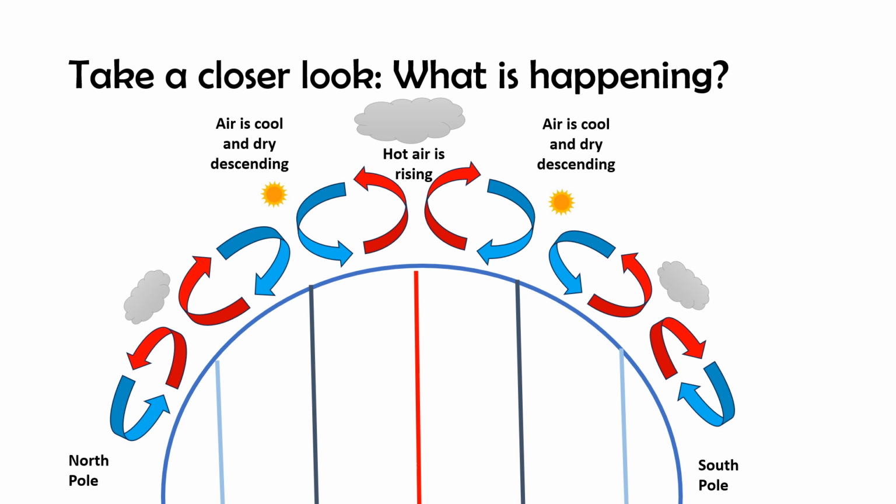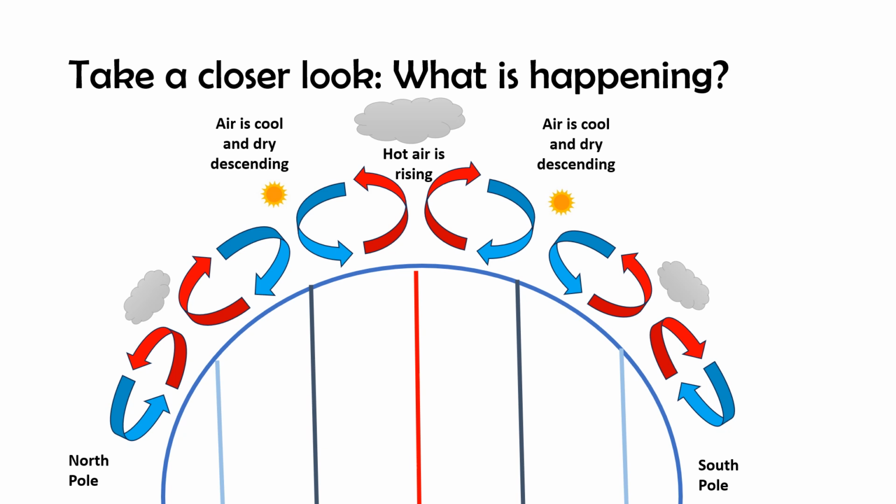Okay, and then it goes back up into the air, and this circular motion keeps on happening. And where the hot air is rising on one side, the same thing would be happening on the other side as well. Okay, so these cells are now in motion.